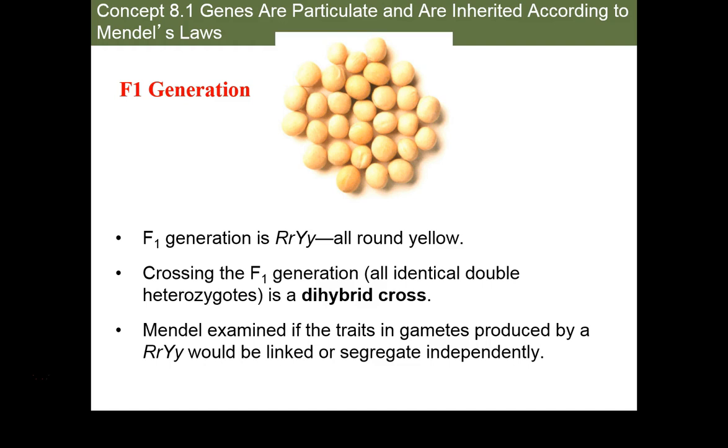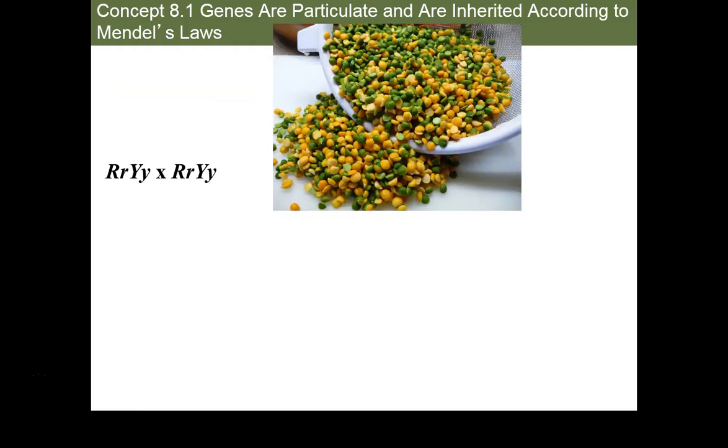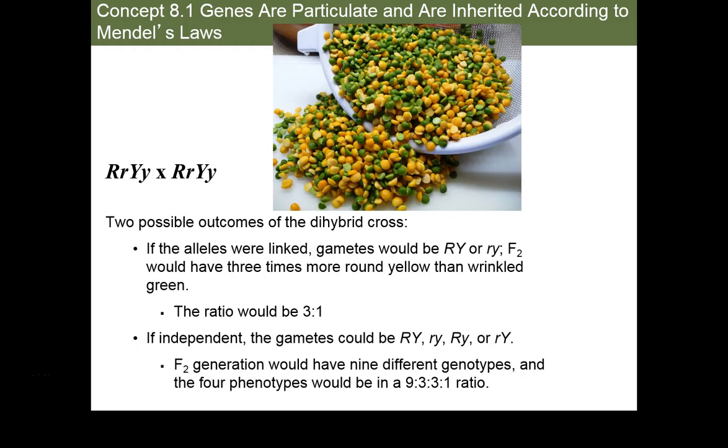Mendel examined whether the traits in the gametes produced by big R, little r, big Y, little y would be linked or segregate independently. If these two traits were linked, meaning they were on the same chromosome, the F2 generation would have 3 times more round yellow than wrinkled green, the ratio being around 3 to 1.